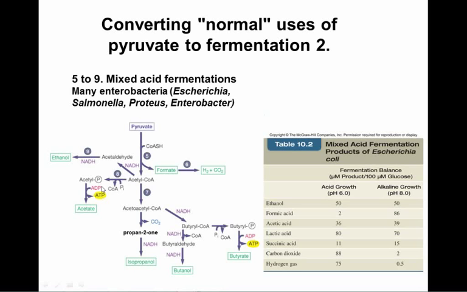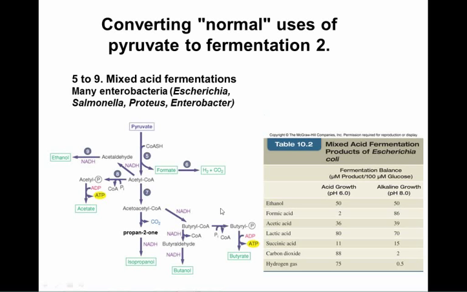But one thing to notice is that some of the steps allow you to synthesize ATP. So the advantage of the mixed acid fermentation is that you can get some more ATP being produced, which is not the case for the other fermentation pathways we've seen so far. So the answer to the question of why things are so complicated in this case is because it allows you to squeeze out a little bit more ATP production.